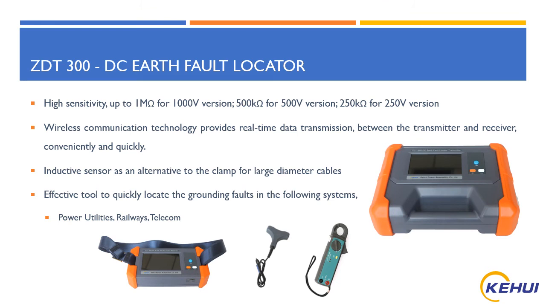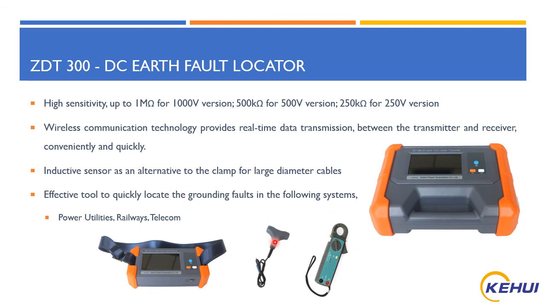ZTD300 has the highest sensitivity, up to 1 megaohm for the 1000 volt version, 500 kilo ohm for the 500 volt version, and 250 kilo ohm for the 250 volt version. It has powerful communication and real-time data transfer between the transmitter and the receiver.